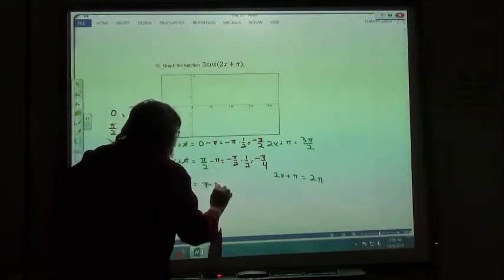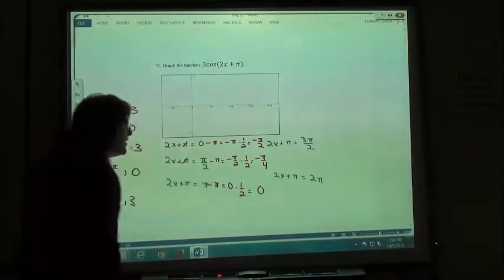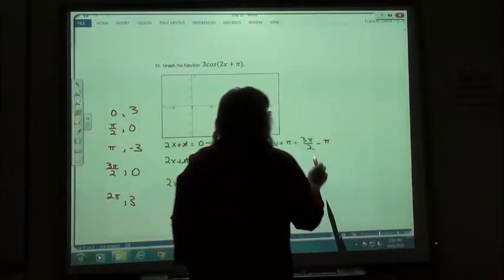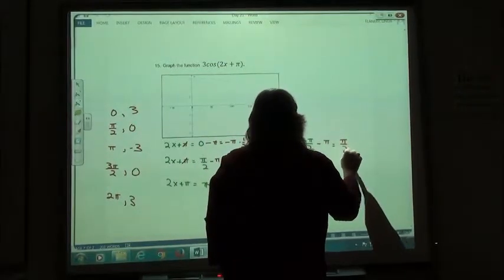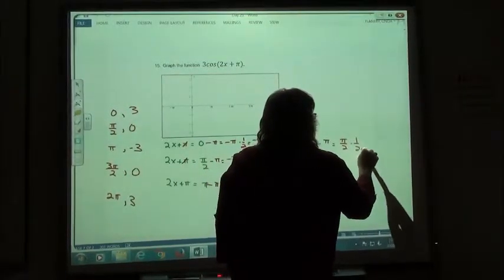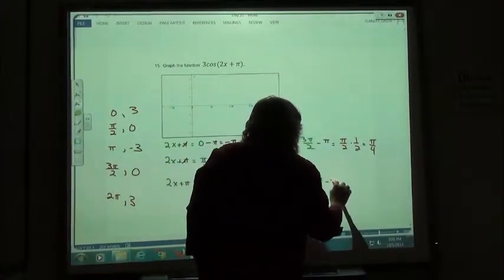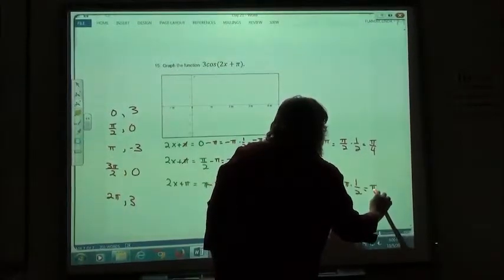Here we're going to subtract pi, which is 0, multiply by 1/2, which is still 0. Here we're going to subtract pi, so 3 pi over 2 minus 2 pi over 2 would be 2 pi over 2 times 1/2, pi over 4. Here we're going to subtract pi, which is pi times 1/2, so pi over 2.